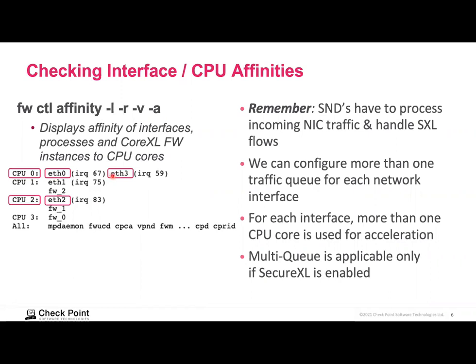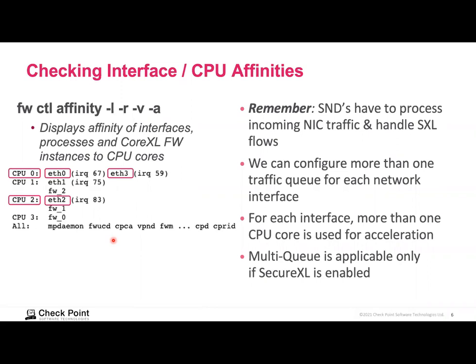If we go back to the example of seeing an S&D process spiking high on the gateway side, let's assume it's CPU 0 in this case, and CPU 0 is pegged at 100% while the other S&Ds are basically idle. It would be a fair assumption that the cause could be that we have overloaded that S&D with network traffic. This is where multi-queue comes in.